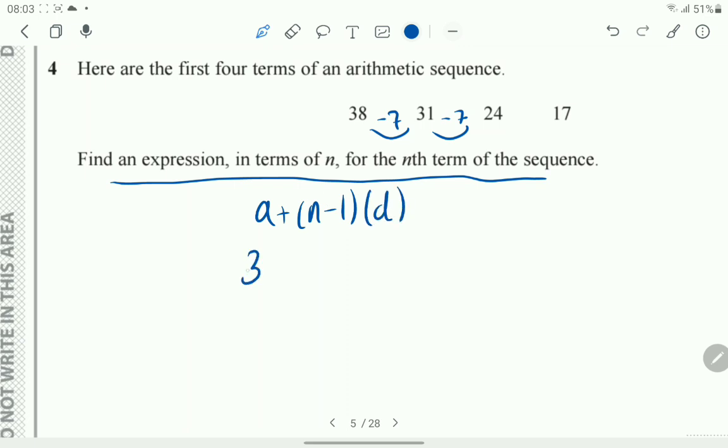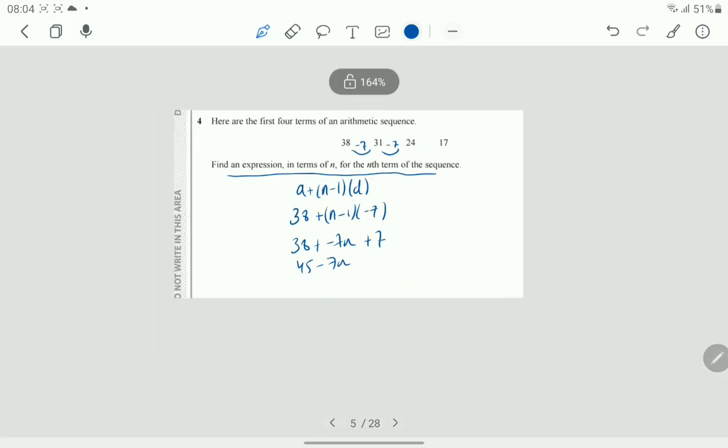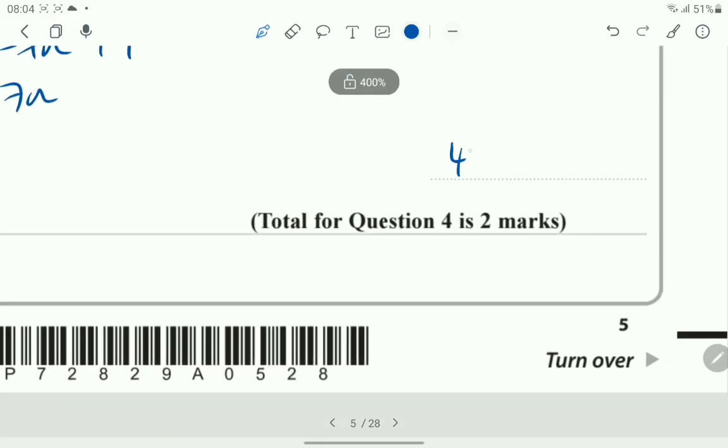Now we have a, which is the first term, 38, plus n minus 1 times the difference, which is -7. So we have 38 minus 7n plus 7. We have 45 minus 7n. So the final answer is 45 minus 7n. Moving on.